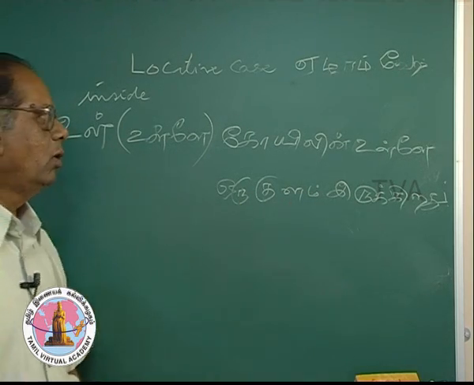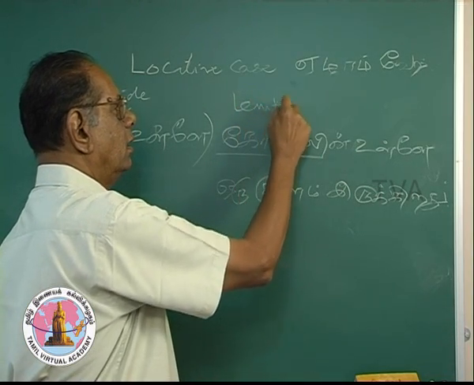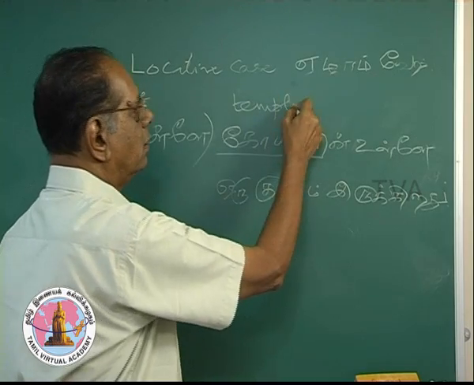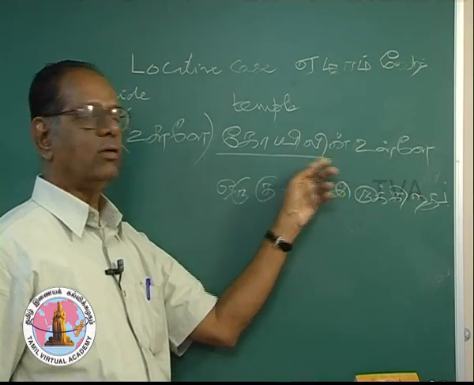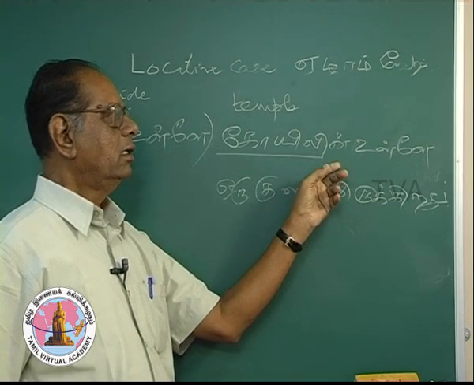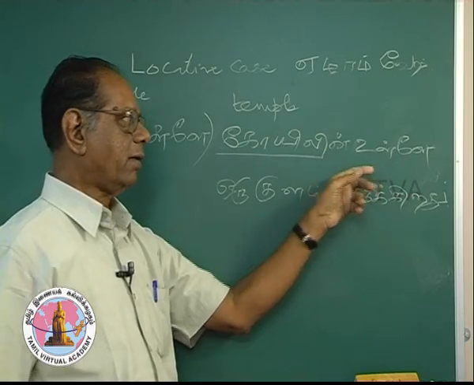You know, கோயில் is a temple. கோயில் plus in, கோயிலின். You add உள்ளே, the locative case marker.